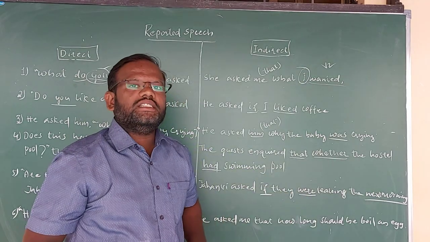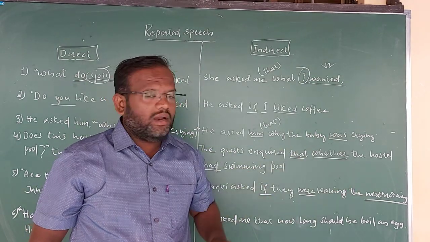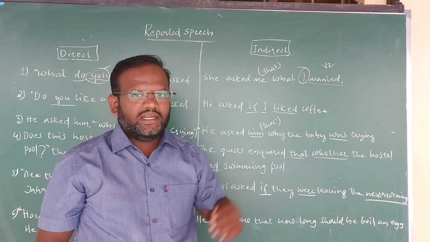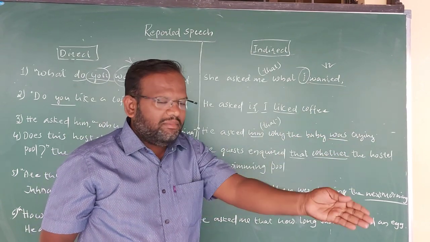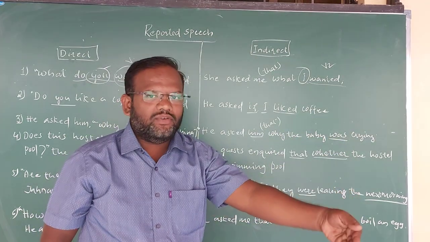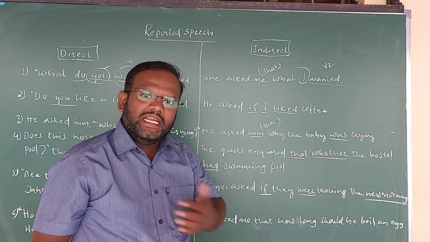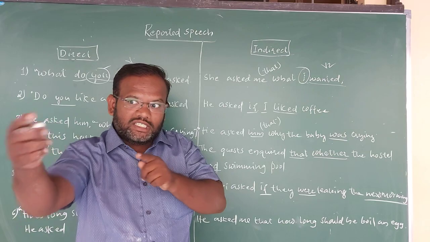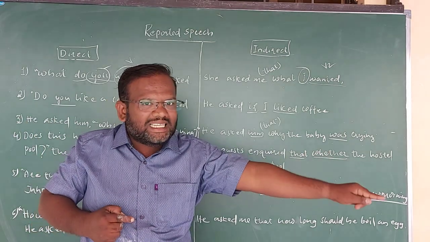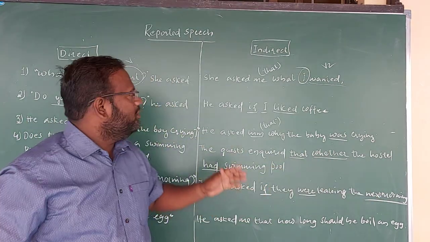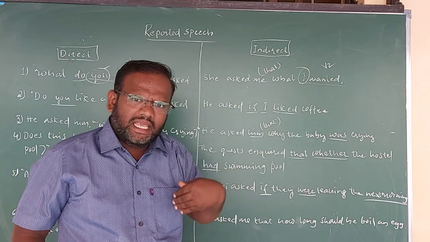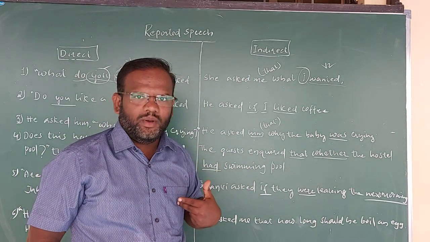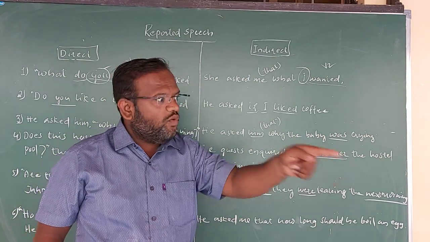So therefore she is asking me what do you want? If somebody is asking me this question when I am standing in front of them, then definitely it is me itself. So when I am explaining what she asked me to somebody else, then it should become that she asked me what I wanted. Hope you are understanding.